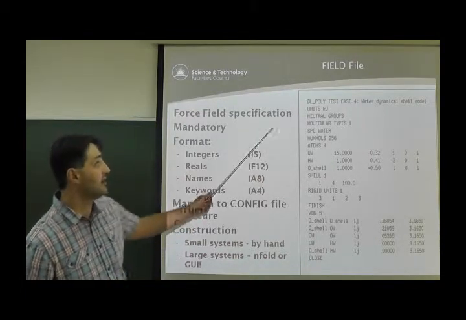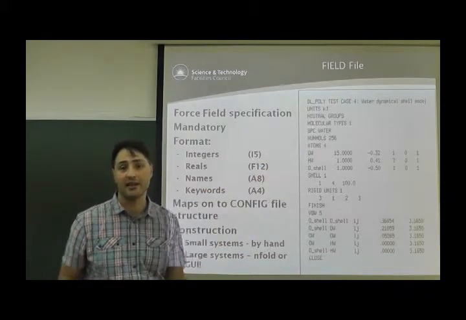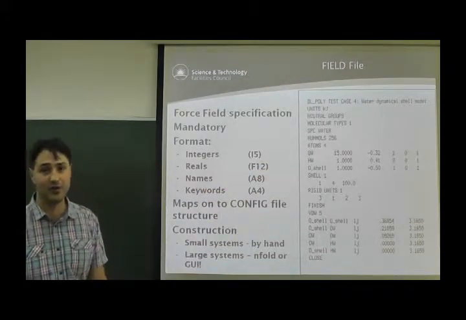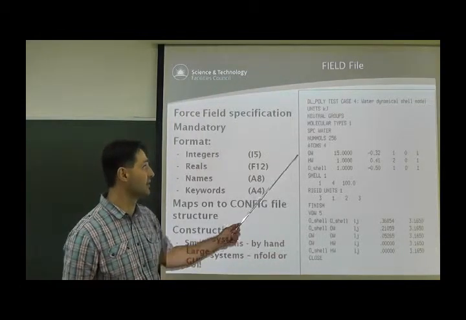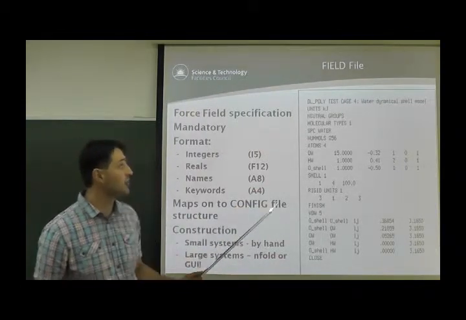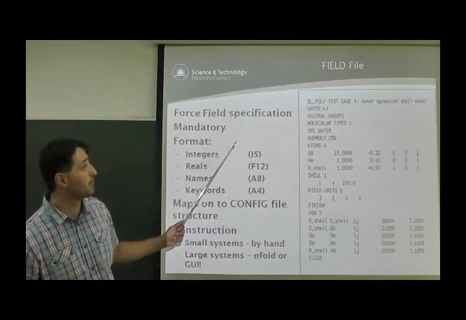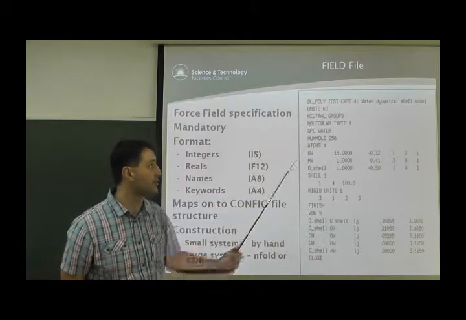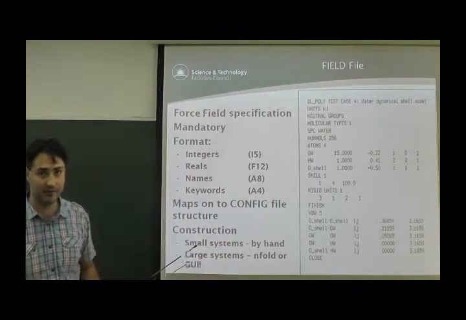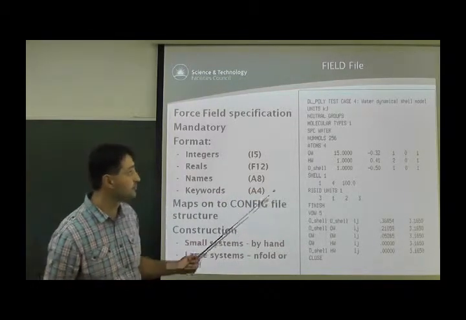And again, it starts with the title line, then the second line is the most important, which is units. In this case, we have chosen kilojoules per mole. This is an old option that's only available in DL_POLY Classic, neutral groups. I'm not going to explain about it. You can find more about it in the manual.